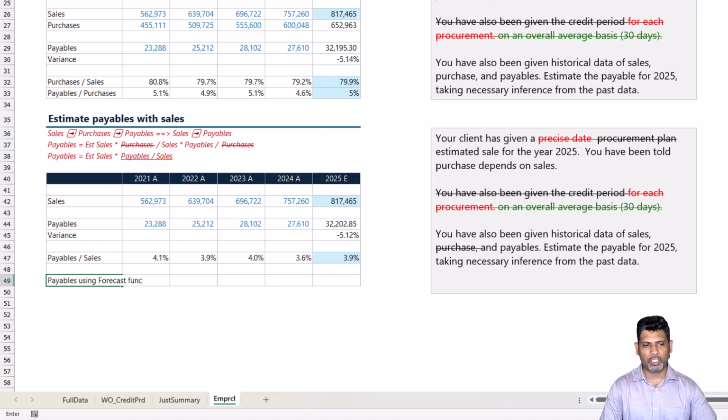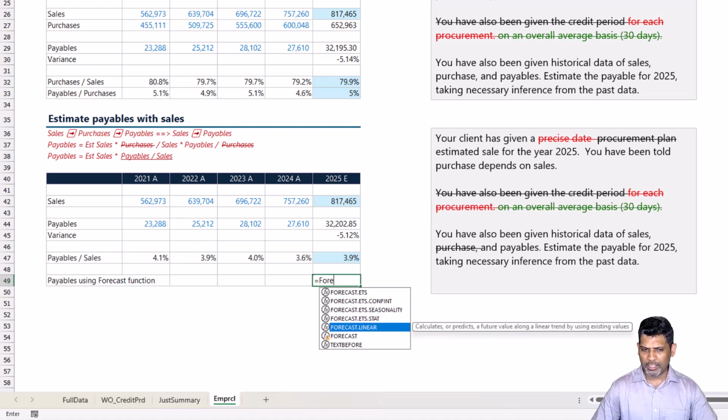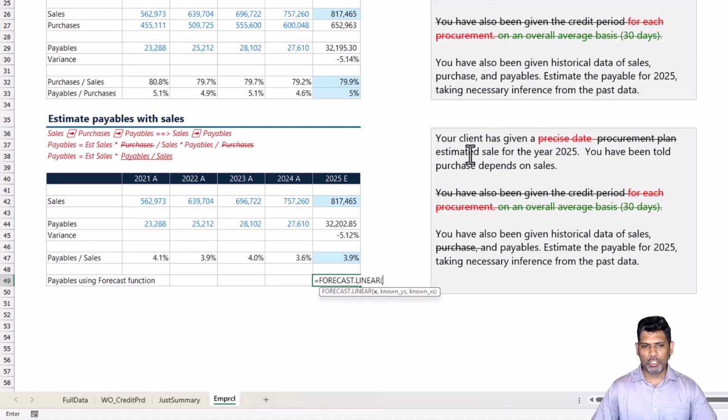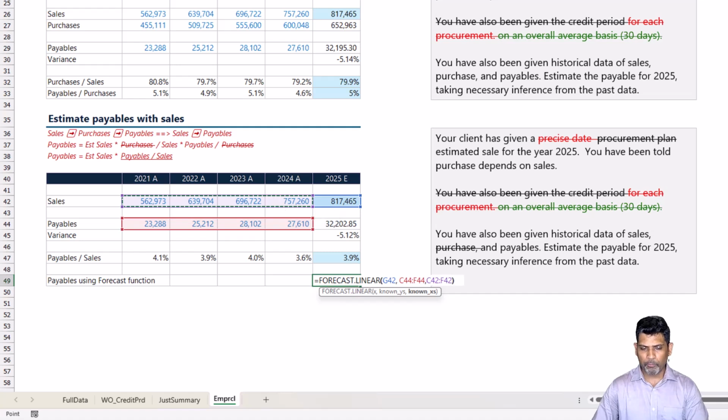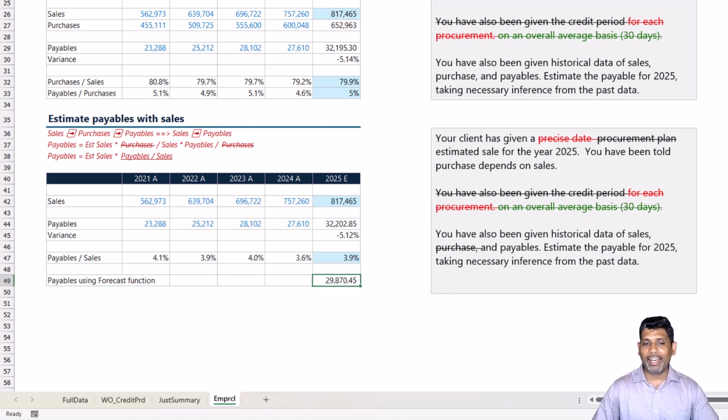Let me just show that to you. So if I put equals FORECAST.LINEAR, which uses linear regression, and I say, for this sales, find out what would be the payables given that past payables and sales were as follows. This number comes to 29,870, which we very well know is much farther from what was supposed to be our original estimate.